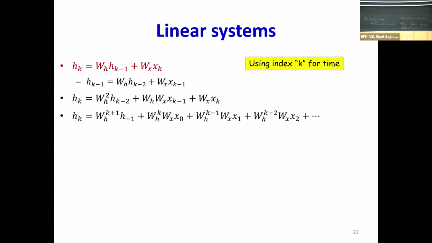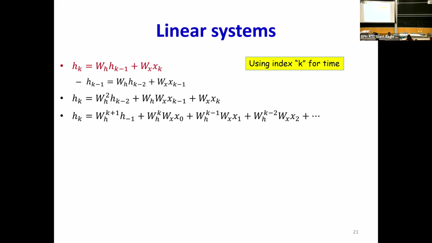And if I push that all the way back to the beginning of time, I'm just going to find that it's given by this formula. There's the initial value, and then you can see that it's a weighted sum of all of the inputs. And this is why recurrence of one step is equivalent to a convolution that is infinitely wide, right?